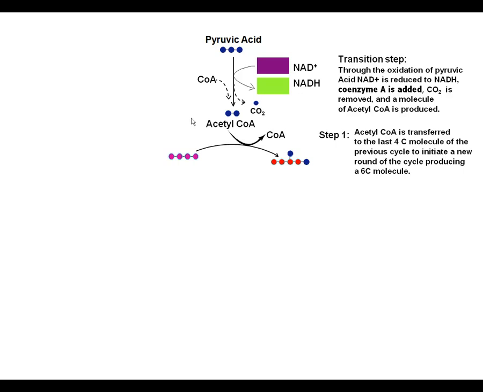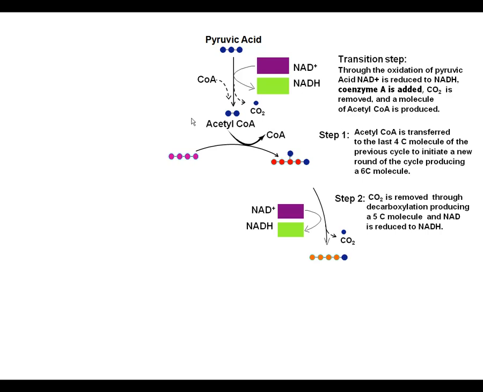So from this 6-carbon molecule, we're going to go through an oxidation reduction reaction, and we are going to oxidize this 6-carbon molecule, and we're going to reduce NAD to NADH, and we are also going to release another carbon dioxide. So now we have released 2 of our carbons from our initial pyruvic acid.